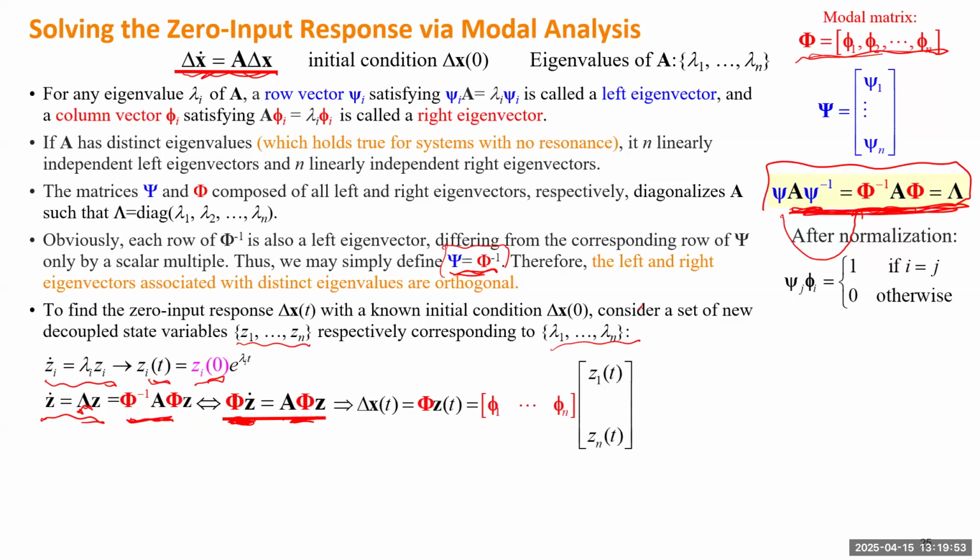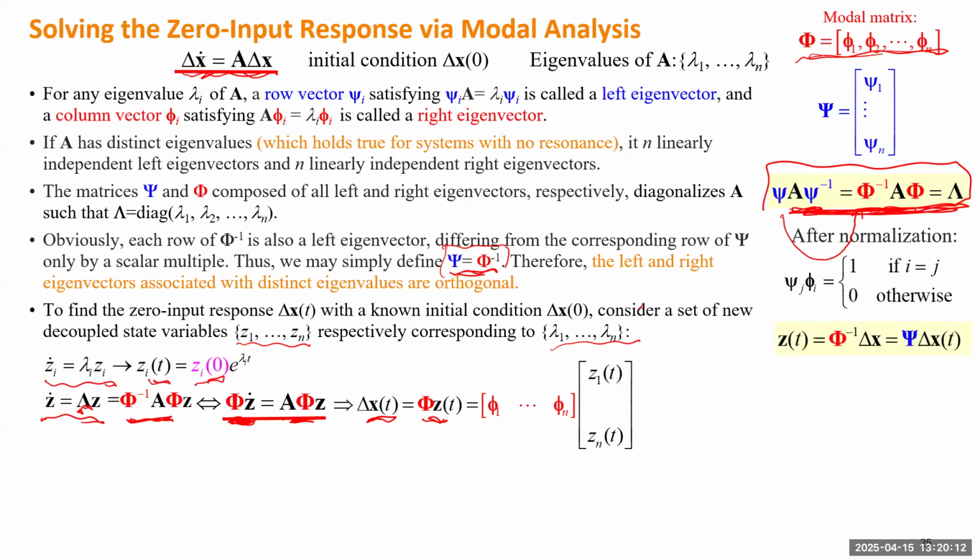So if we can find z and multiply by phi, that will give us the solution. That's exactly what we are looking for. But the condition is we need to know what z is. So this will be one way to solve for the response of the original state variable.